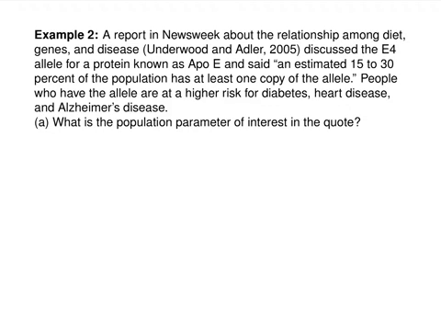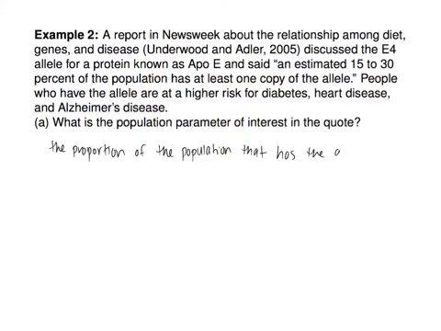What do they care about? Not just the people, but the proportion of people that have the allele. Does that make sense? Okay, so the proportion of the population that has the allele.